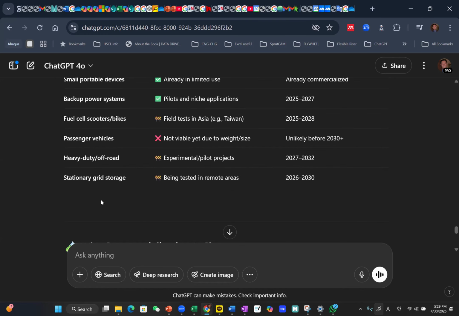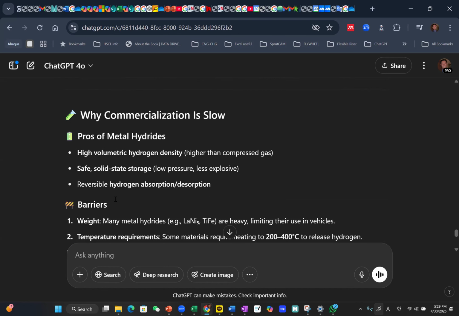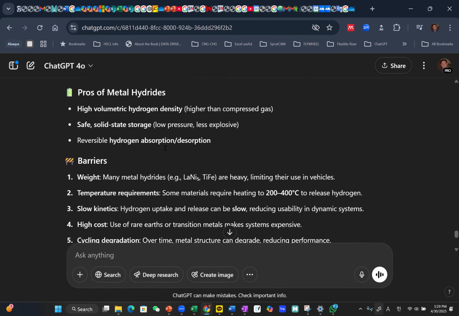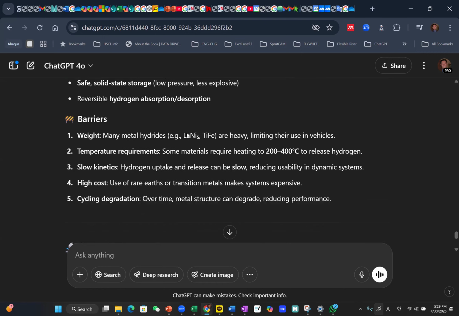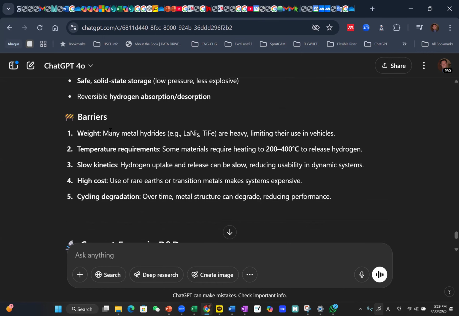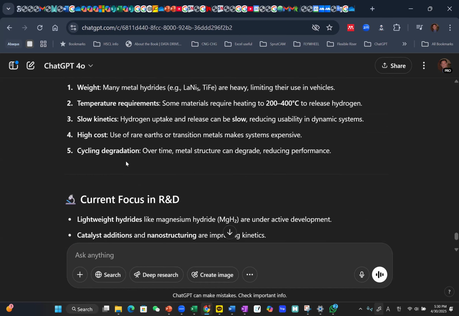And why is commercialization slow? Well, the pros and cons of metal hydride: high volume and high density, very heavy, so weight is a big barrier, and the temperature requirement and so on.